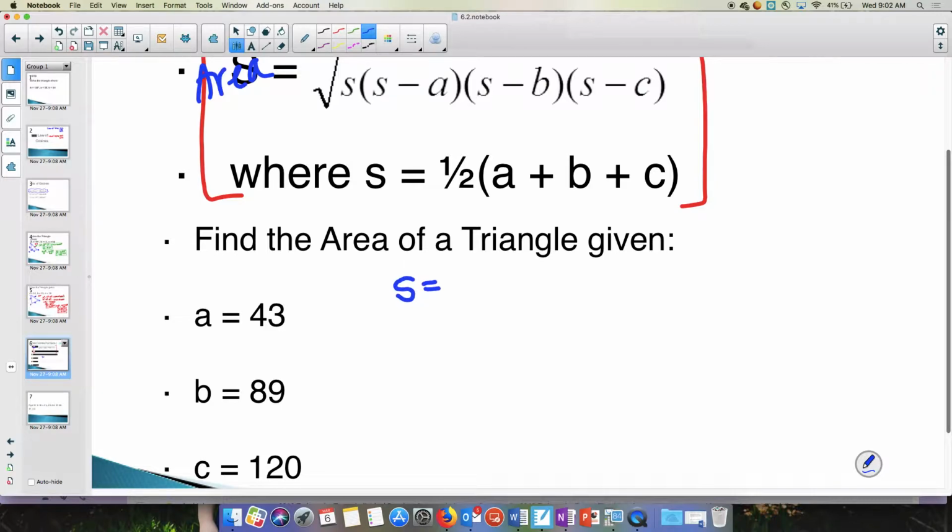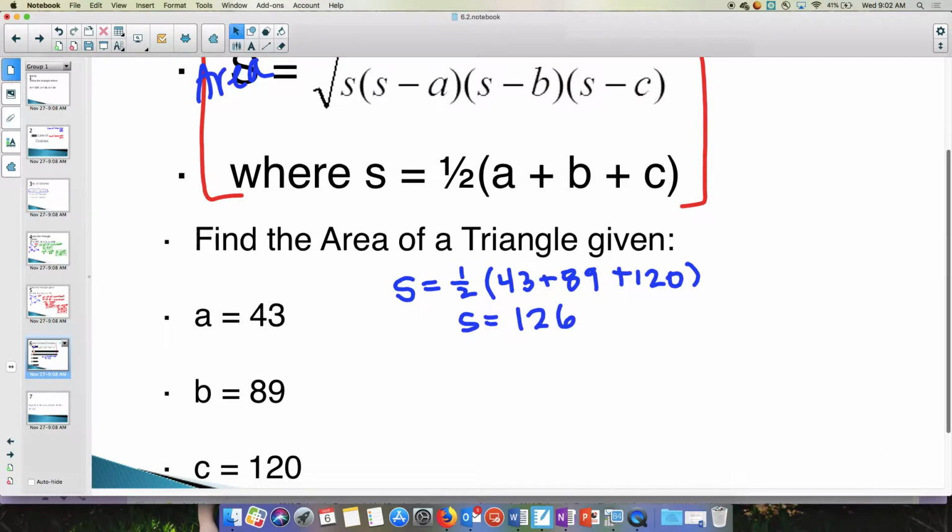So we're going to find little s by taking 1/2 of the sum of our three sides. What does that end up being? 126. That's a nice number.